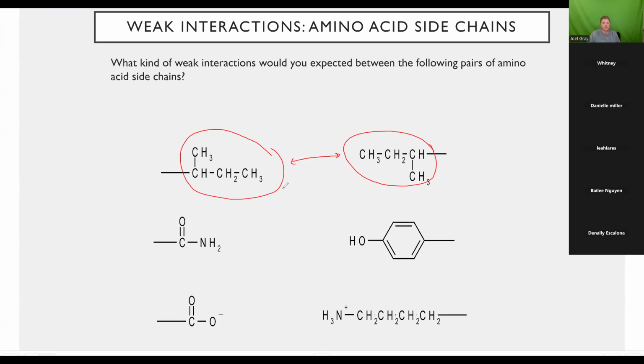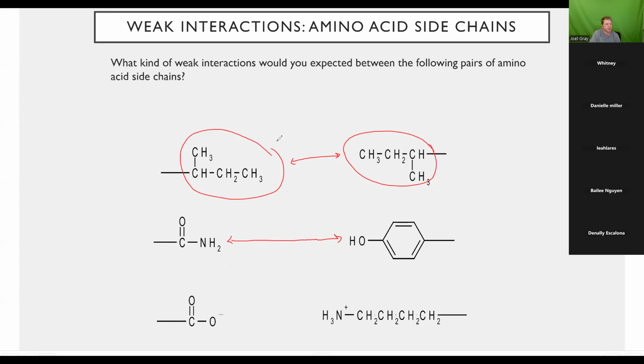Dispersion forces. We're going to see the hydrophobic effect in play. What about these two? Tyrosine and an asparagine? Absolutely, Kate, that's right. Hydrogen bonding.